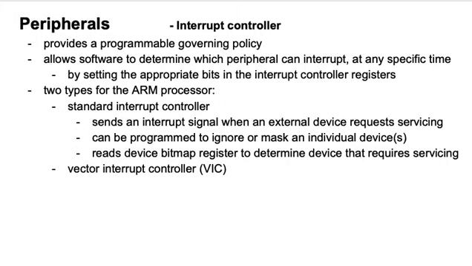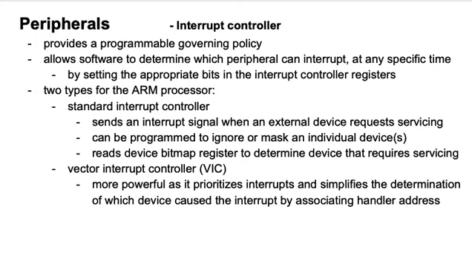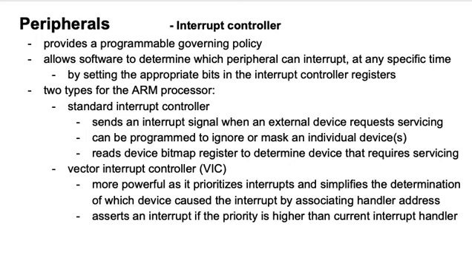A standard interrupt controller sends an interrupt signal when the external device requests servicing. This particular interrupt signal can be ignored or masked based on what is programmed for the individual device. It reads the device bitmap register and determines what device has raised the interrupt and requires servicing.